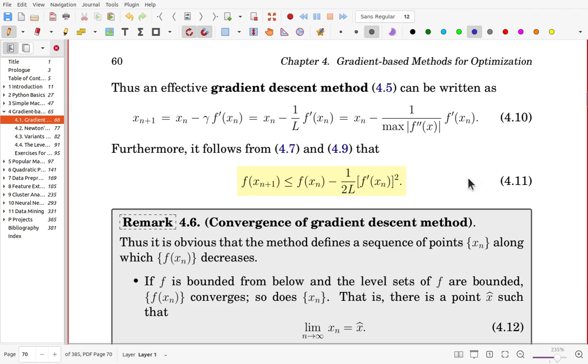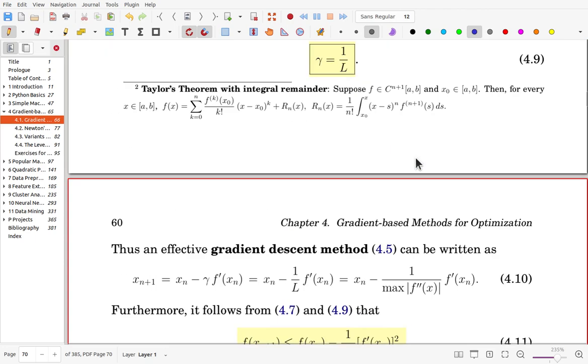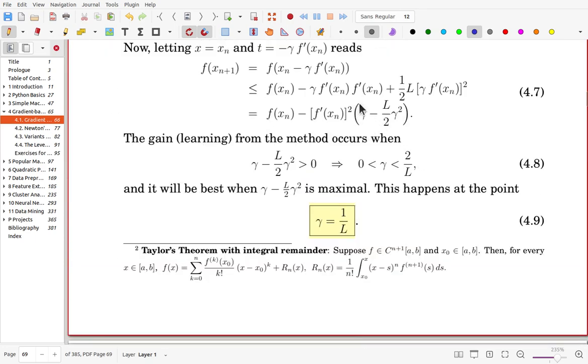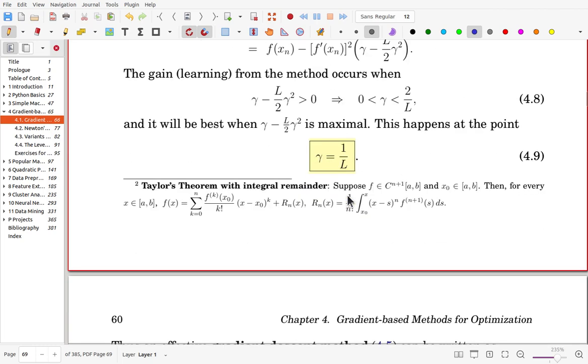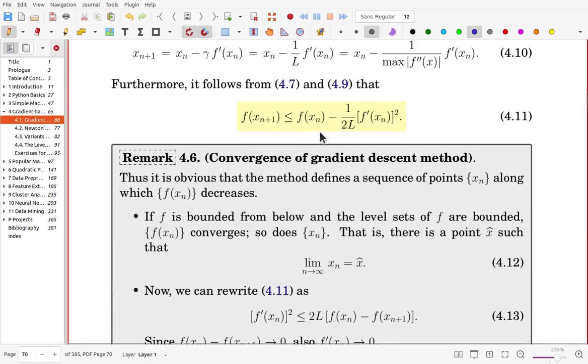Furthermore, using this along with gamma replaced by 1 over L, if you do some manipulation, then you can easily get this inequality. It will be used later quite effectively, so I highlighted it with a yellow pen.